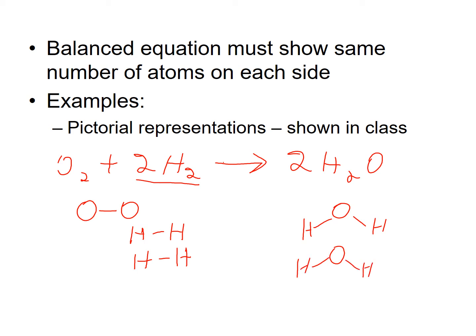And notice that when I go from the left side to the right side, I have the same number of hydrogens, four on this side and four on this side. And similarly, oxygens: two oxygen atoms on this side and two on this side. In a balanced chemical reaction, the number and kind of atoms does not change.